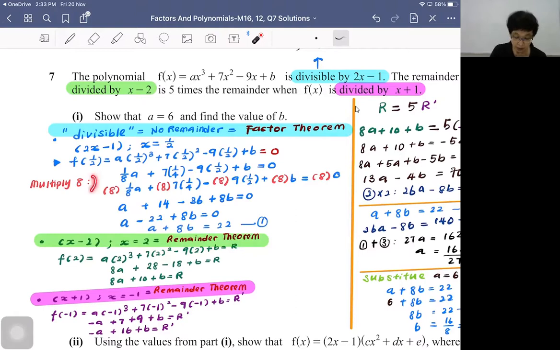As I recommended here, I multiplied by 8 for the reason that I wanted to get rid of all the fractions. Why do I multiply with 8? Because 8 is the common multiple, the lowest one that we can use, so that when we multiply by 8, we actually cancel out all the denominators.